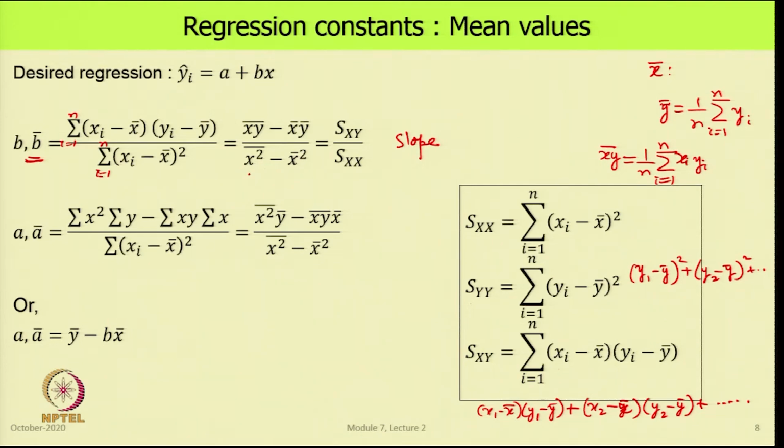And x square bar is 1 upon n summation i equal to 1 to n of x i squared.